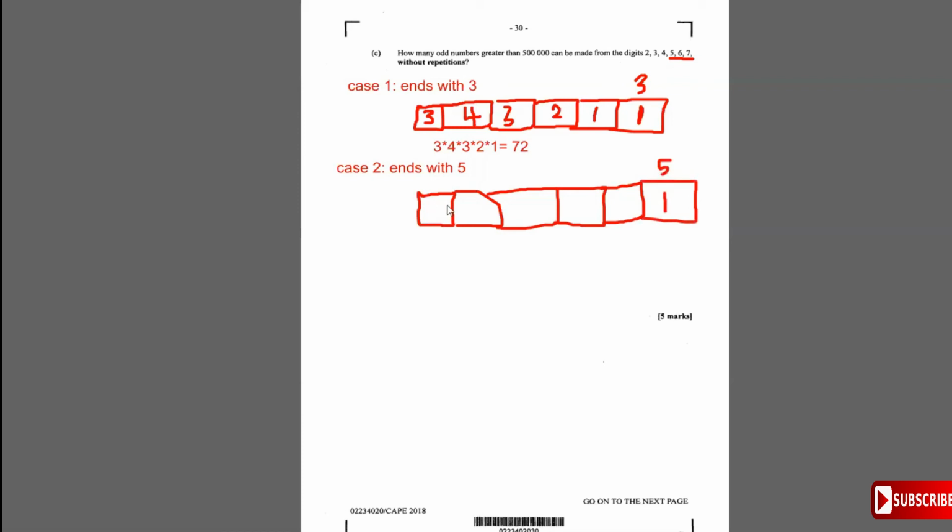The number needs to be bigger than 500,000, so it has to start with either 6 or 7. So there are 2 numbers we can put here. After we take out those 2 numbers, we're left with 4 numbers: 4, 3, 2, 1. So this will be 2 times 4 times 3 times 2 times 1.